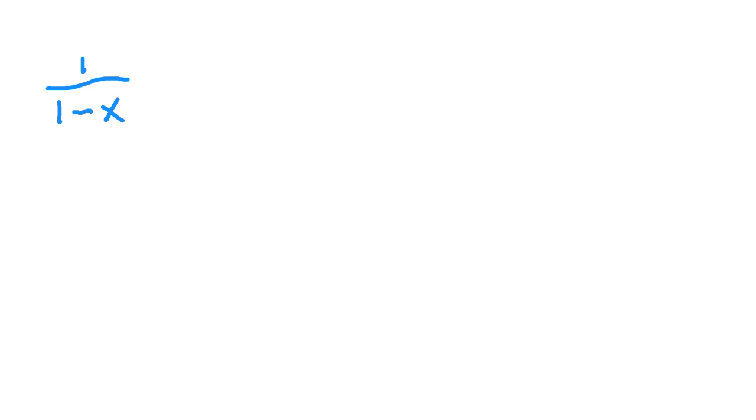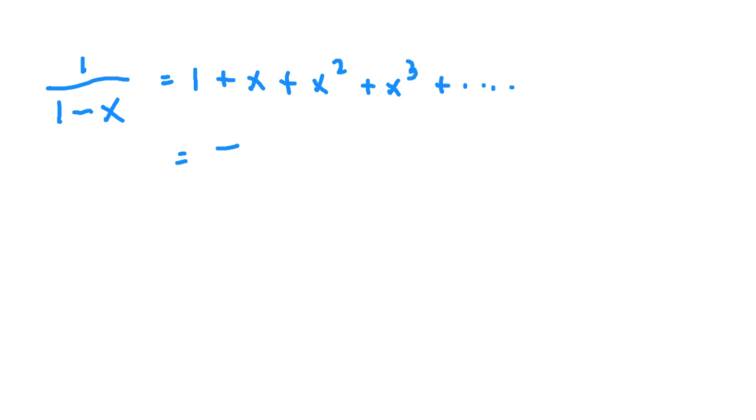Now, that's not the function for this example, but you can take 1 divided by 1 minus x, and that can be shown to be equal to 1 plus x plus x squared plus x cubed, and so forth.